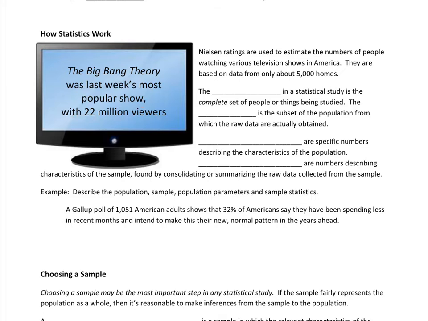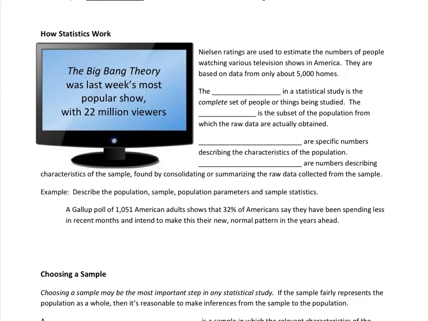But what's really interesting is that Nielsen ratings are used to estimate the number of people watching various television shows in America. They are based on data from only about 5,000 homes. So if there are only 5,000 homes using this Nielsen system, how can we say that there are 22 million people watching this show? Well, through statistics.